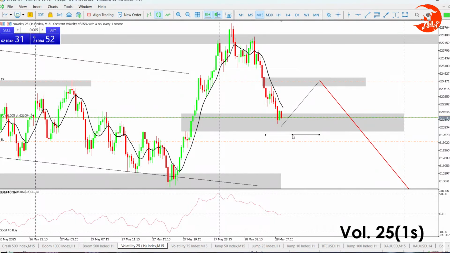But I don't want to put my stop loss tight here, because it can look for the liquidity of the early buyers right here to take us up. That's why I've put my stop loss a bit high. It's likely to come around here and take us up again. So I'm risking about 10.